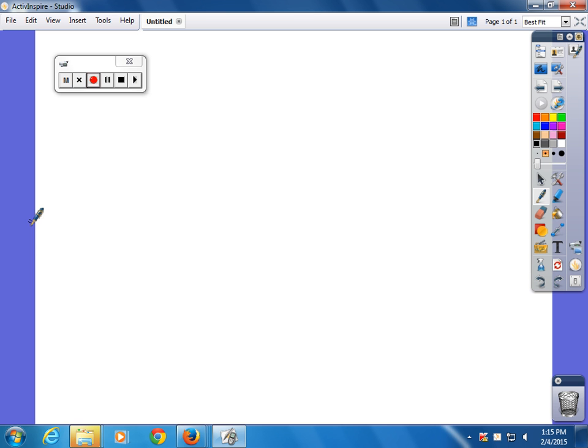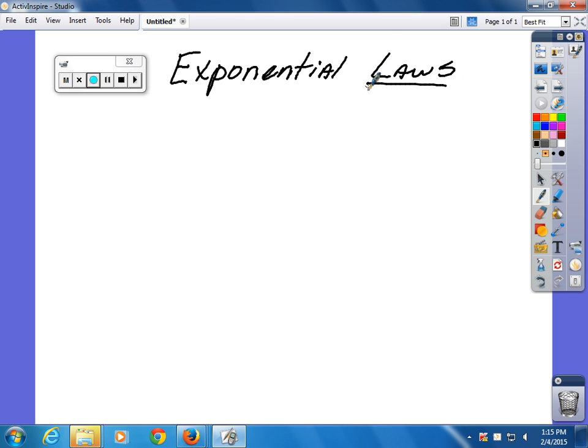All right, the exponential laws are as follows. The first one is called the product rule. The product rule is used when the bases are the same and you are multiplying.